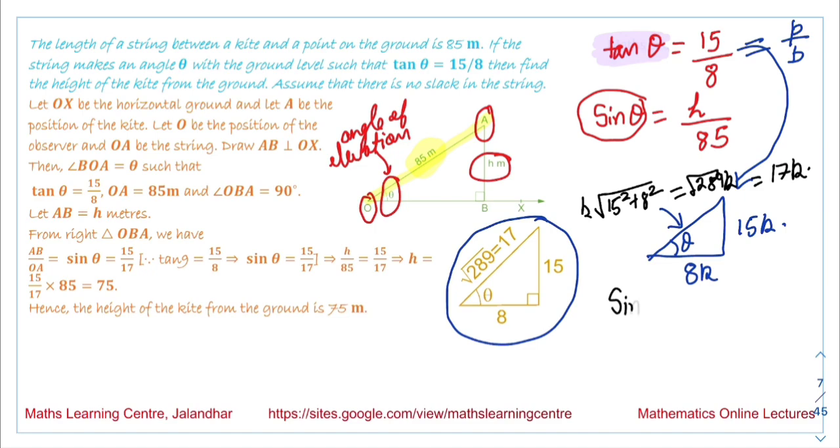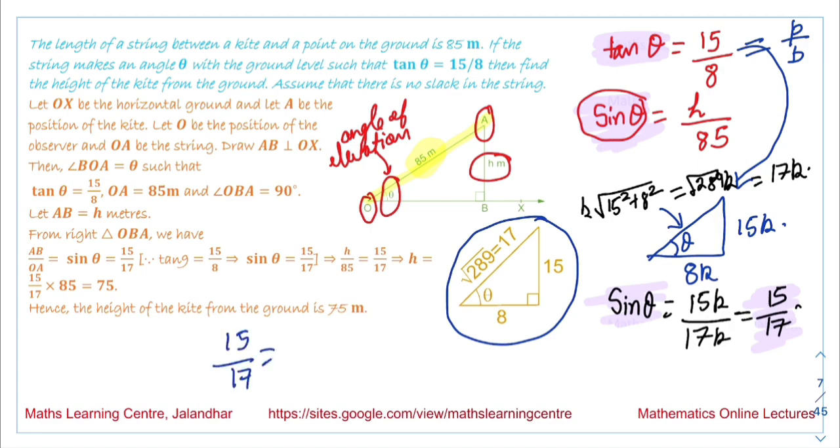So the value of sine theta that we will get is 15k over 17k, that is equal to 15 over 17. Now we substitute this value of sine theta, 15 by 17, over here. So the final answer that we will get is 15 by 17 is equal to h by 85.